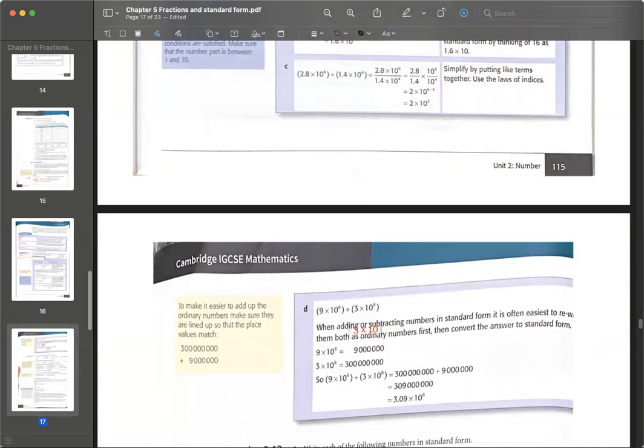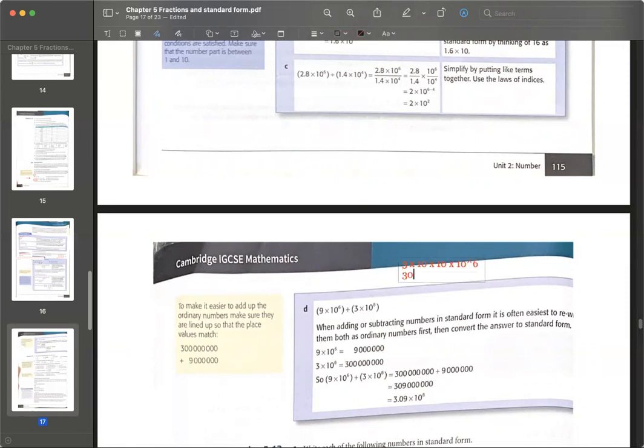So 3 times 10 times 10 times 10 to the power of 6 because I take out 2 tens. So 1, 2, 3, 4, 5, 6, 7, 8. So there's 8 tens here, but I want to take out 2 tens to multiply. So I'm expanding it first, then I add it, then I only simplify it.